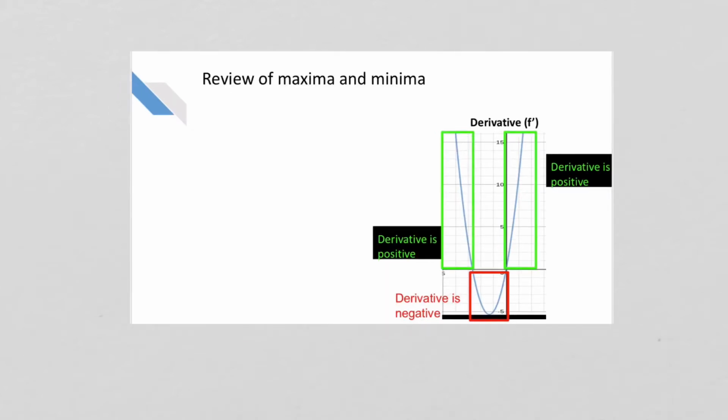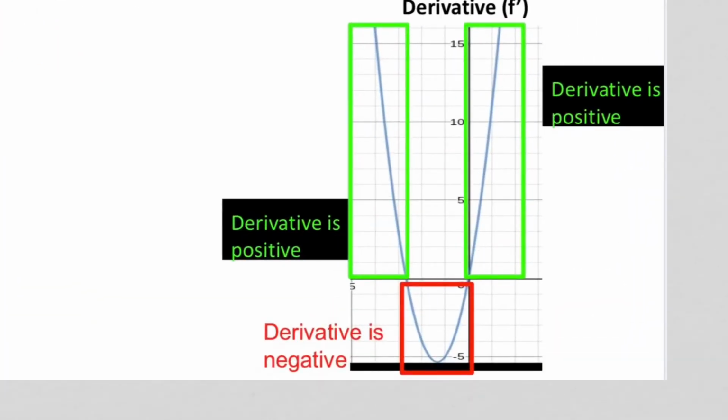And now we can review how to find maxima and minima of a curve using the derivative. So we see that we go from increasing to flat to decreasing, right? So the only way to draw something that is increasing and then flat and then decreasing is to draw a maximum, right? And then right here we have a part where it is decreasing and then it's flat and it's increasing.